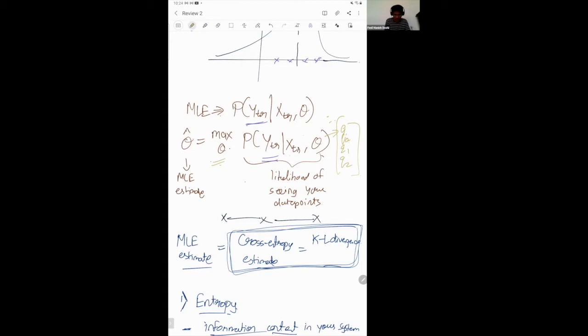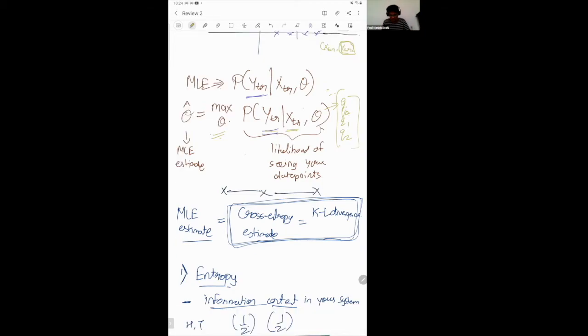And X train would be provided in pairs, X train, Y train, and the Y train would correspond to which class the data belongs to. So we are dealing with a categorical distribution.